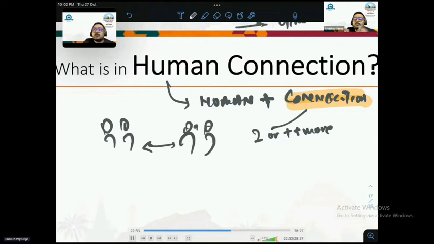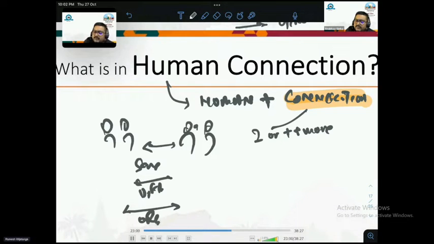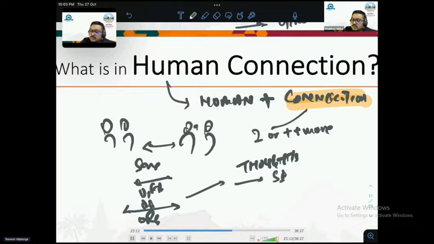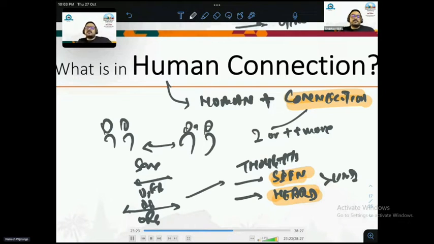It could be the same team, different teams, or completely different organizations, and they connect with thoughts which should be seen, understood and heard. This is the purpose of what they do together.